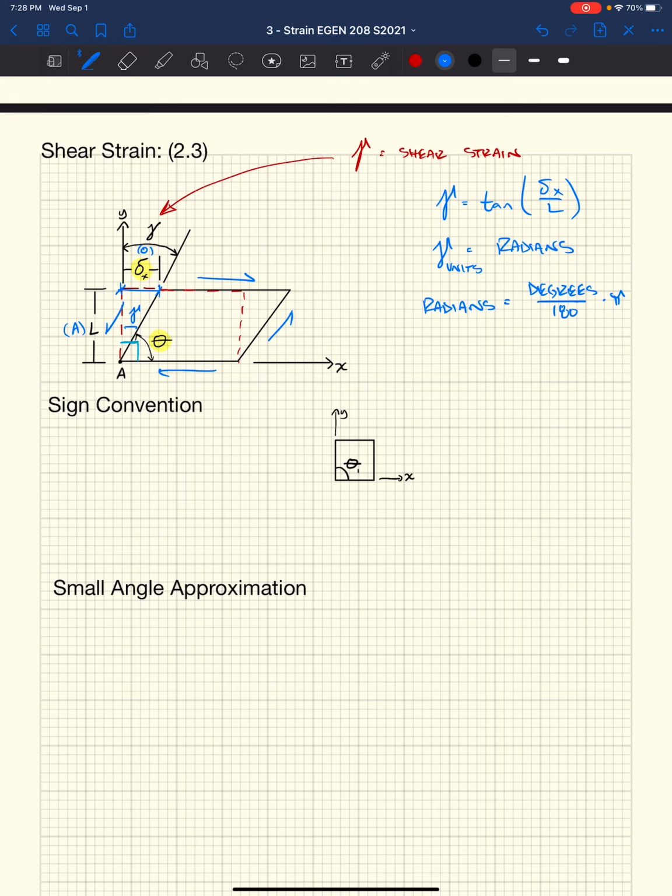So there are pi radians in 180 degrees. There are 2 pi radians in 360 degrees. So you can take your degrees and multiply them by pi over 180, and you will have your angle in radians. You can take your radians and multiply by 180 divided by pi, and you'll get your angle in degrees. So pi radians equals 180 degrees.